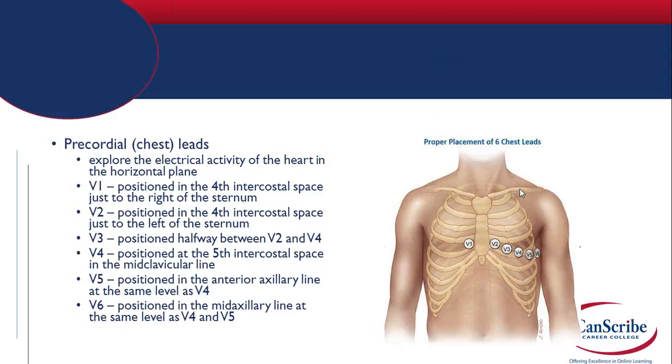And that means that if you take the clavicle, go about halfway, and then go down the clavicle, that's the midclavicular line. V5 is positioned in the anterior axillary line at the same level of V4. And then V6 is positioned at the mid-axillary line at the same level of V4 and V5. So they're all at the same level. Axillary has to do with your arm.